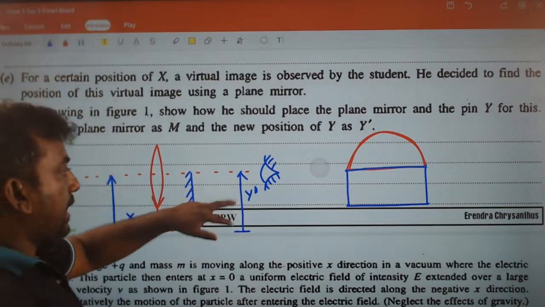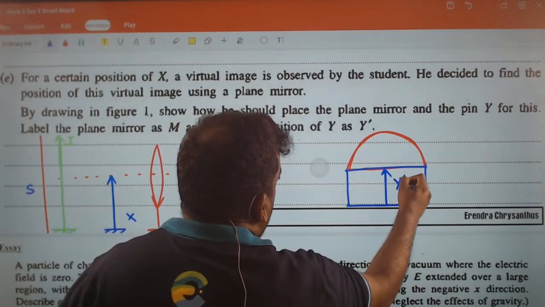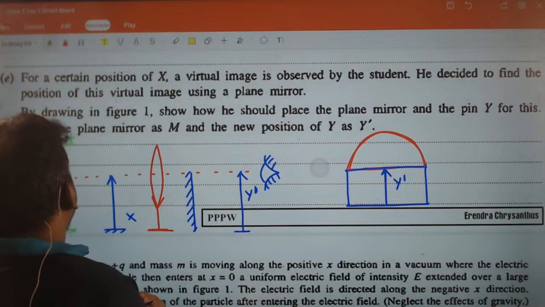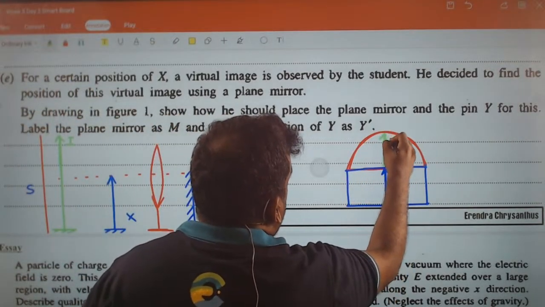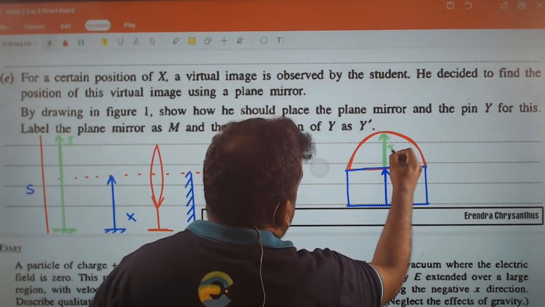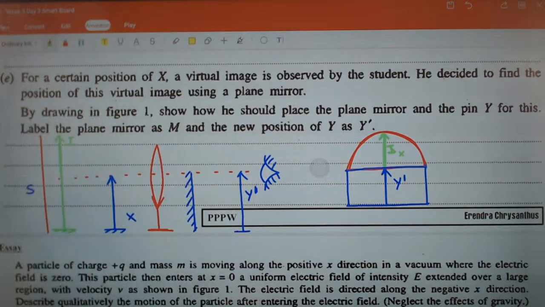So what will I see? I can see pin y dash. And also I can see the image here bigger. That's the image of X. So through the mirror I am seeing the image.